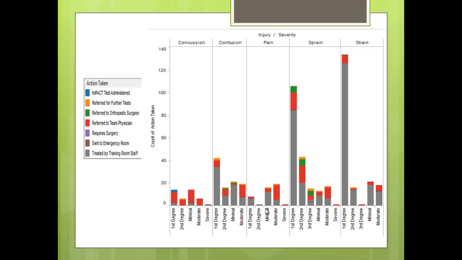As you can see from the screenshot, the most common injuries are the strain and the sprain. And the severity level of this is the first degree, and the action taken for this is they're usually referred to the team physicians and referred to further tests.